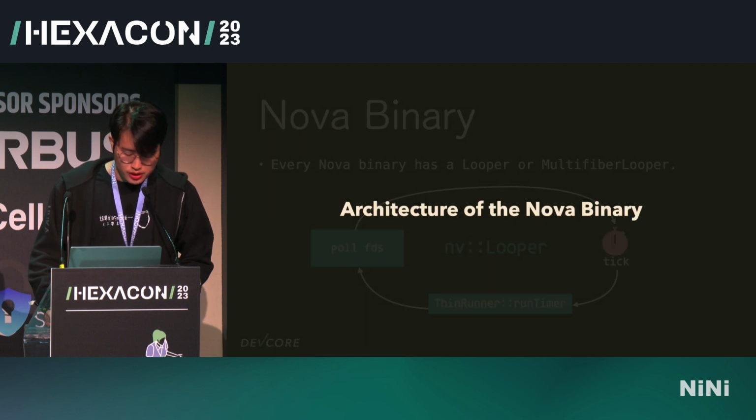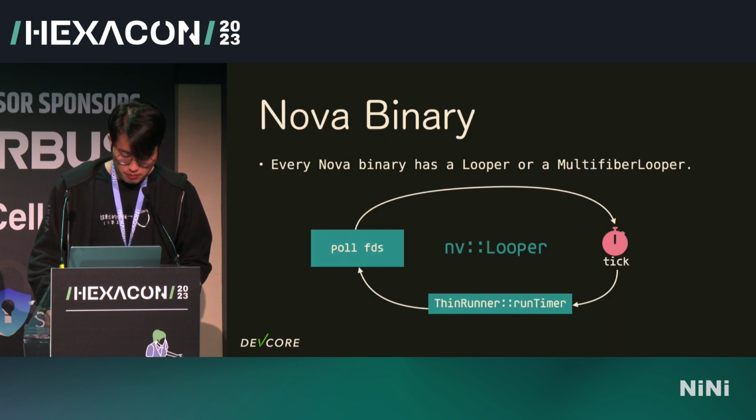Then we have to mention the architecture of the Nova binary. Every Nova binary has a looper, or its derived class. The looper uses poll to check the status of sockets and process events in each loop, just like a regular event loop you have seen everywhere. If you ever wrote a game, it's just like a game main loop.